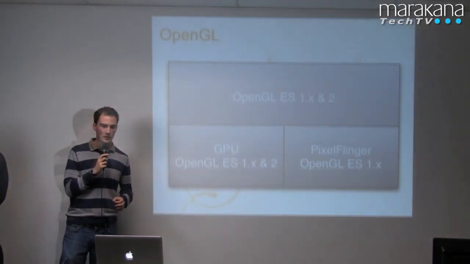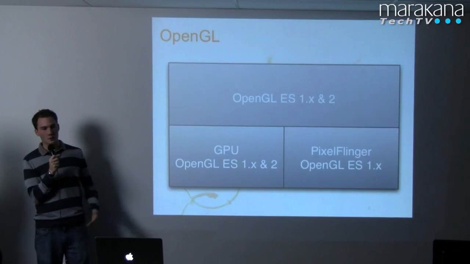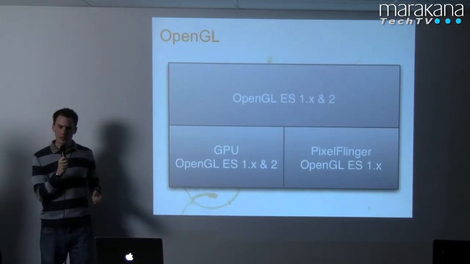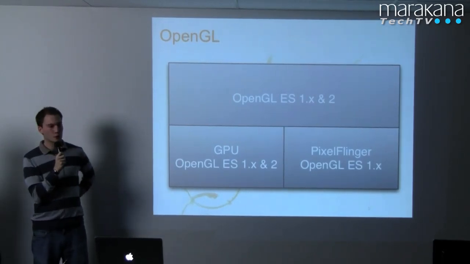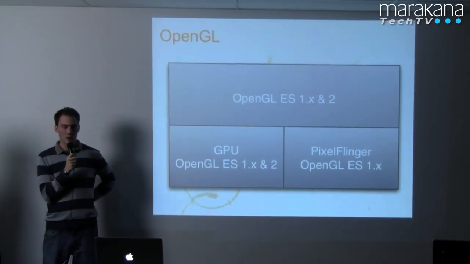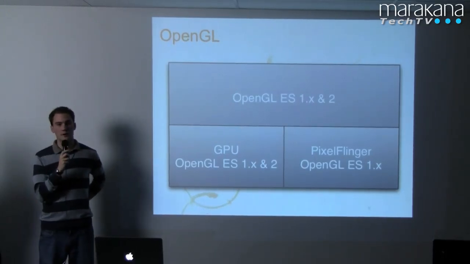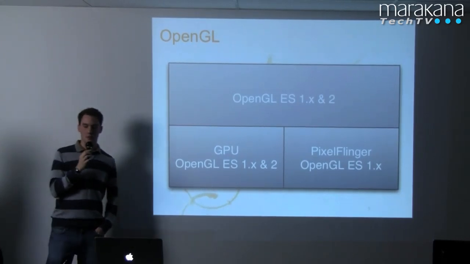You have to use a device. But if you have a device with a GPU, depending on the device, you have support for OpenGL ES 1 or OpenGL ES 2. Pretty much any device that was released after the Motorola Droid 1 year ago should support OpenGL ES 2. OpenGL ES 2 is very different from OpenGL ES 1. If you're not familiar with them, I won't go into the details here, but they're very interesting to learn.